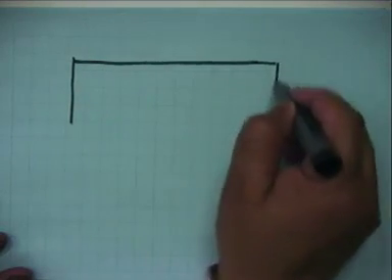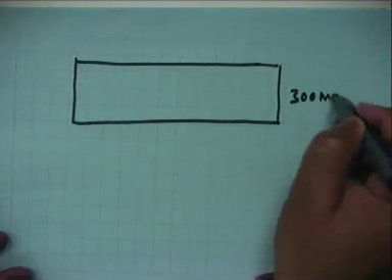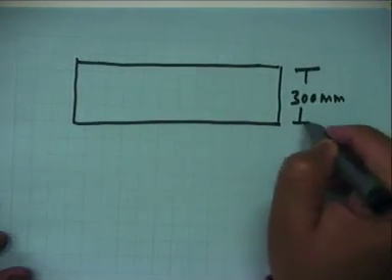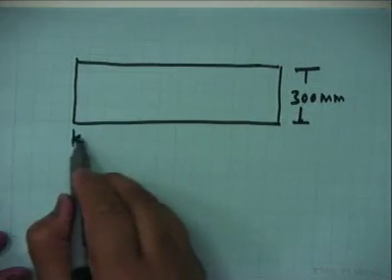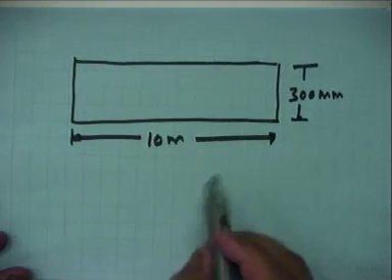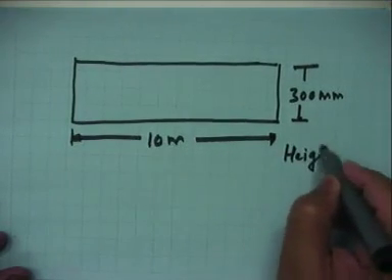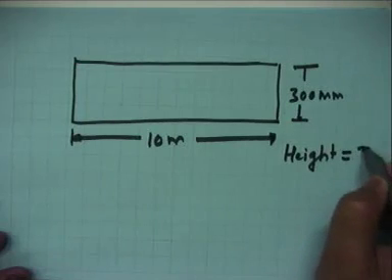Suppose you have a wall of 300 millimeter width, this is of 10 meter length and its height is 3 meter.